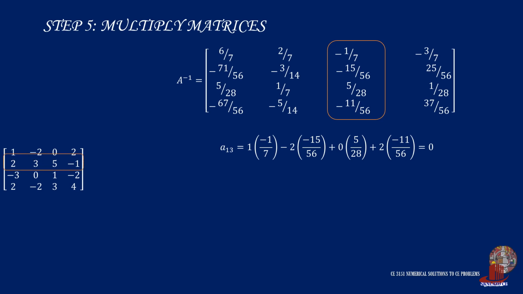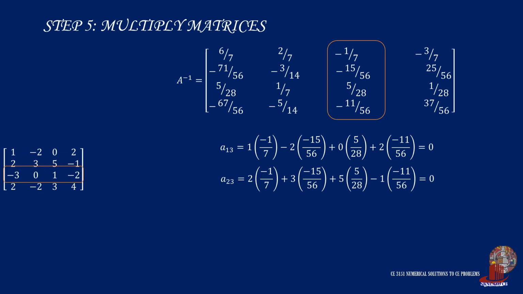Element A23 has twice of negative 1/7 plus 3 times negative 15 over 56 plus 5 times 5/28 minus 1 of negative 11 over 56, and that is simplified as 0.